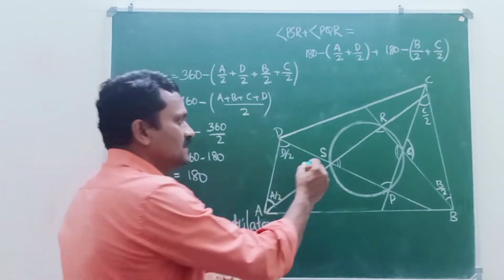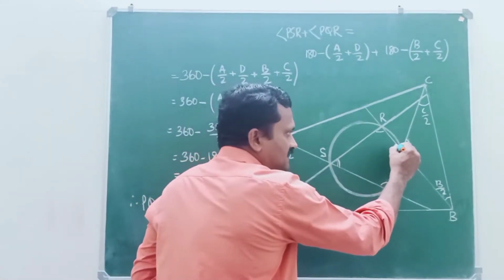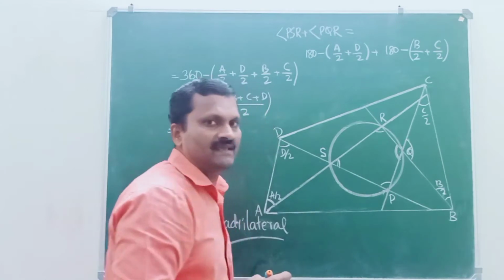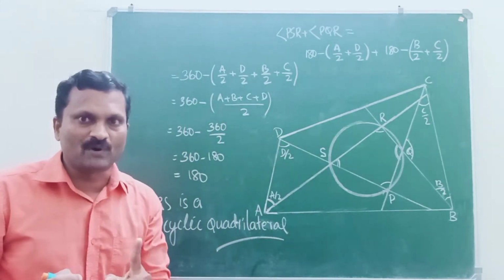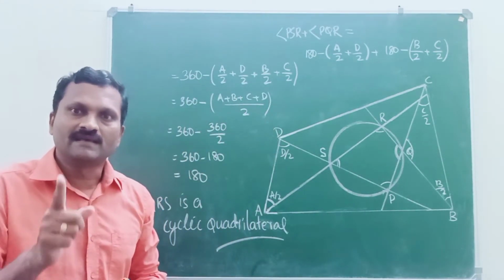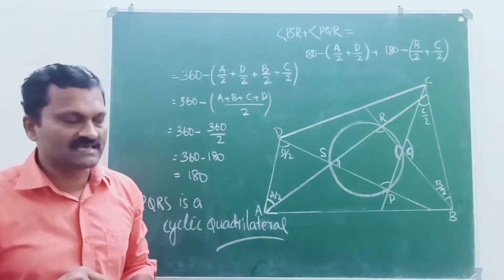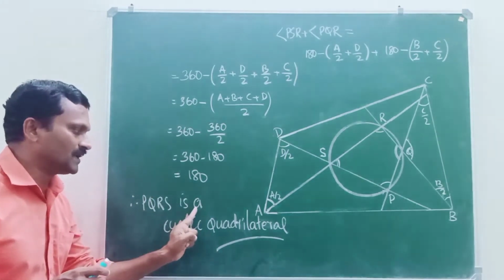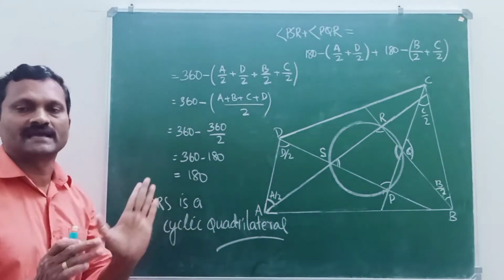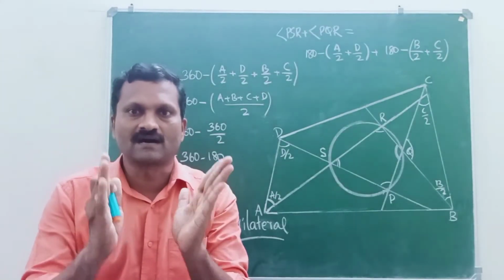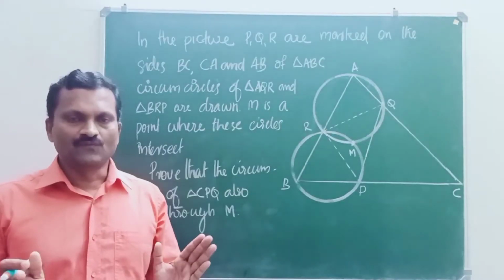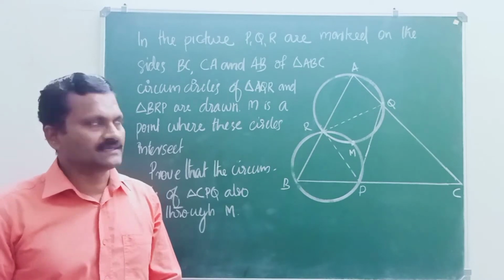That is, the sum of the opposite angles is supplementary. If opposite angles are supplementary, then the quadrilateral is cyclic. Therefore, PQRS is a cyclic quadrilateral. Hence the result. We move to the next question.